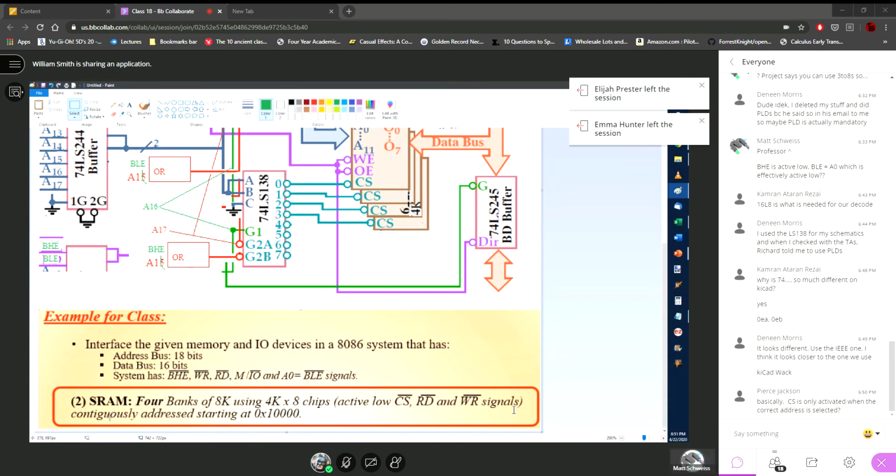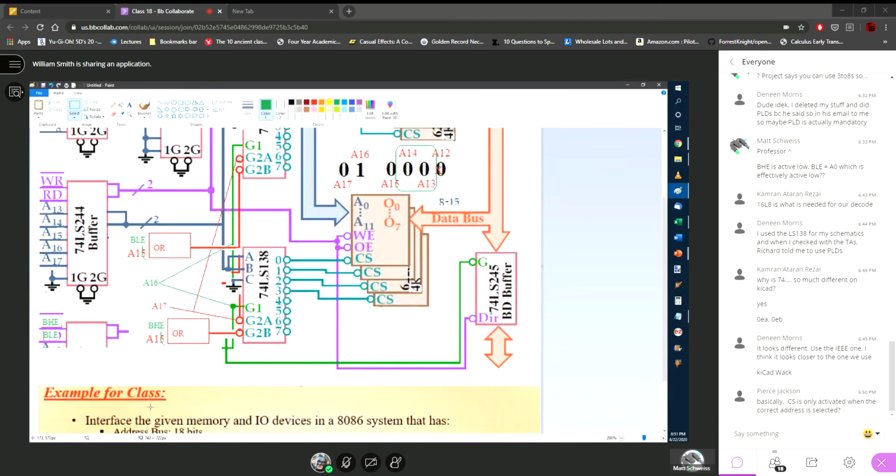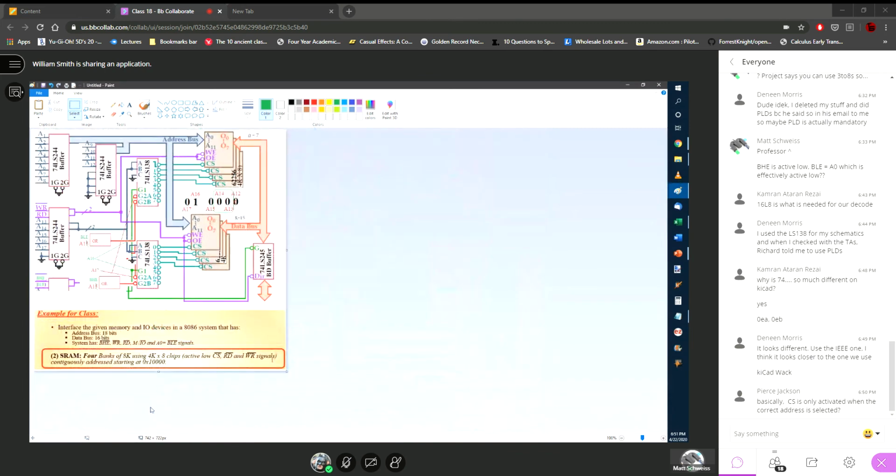I already lost that. We have 4 banks of 8K. I'm counting, we have 2 banks of... How do you get to 4 banks of 8K? All right, each pair of these is a bank.